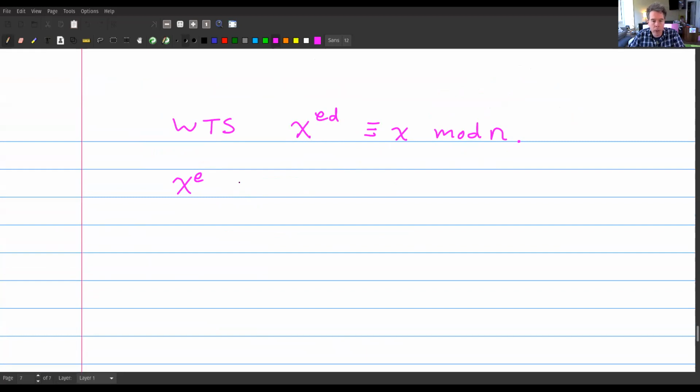So let's start with this fact that we wrote down before. d and e are inverses. That means that d times e is equal to 1 plus some number, which in this case we'll call t, times phi of n. This is just what it means to have a remainder of 1 mod phi of n. So now we can write x to the e times d as x to the t times phi of n plus 1.